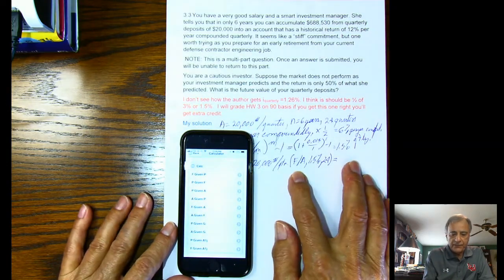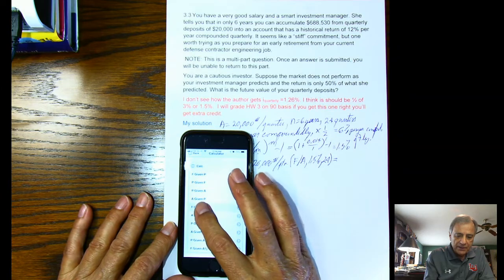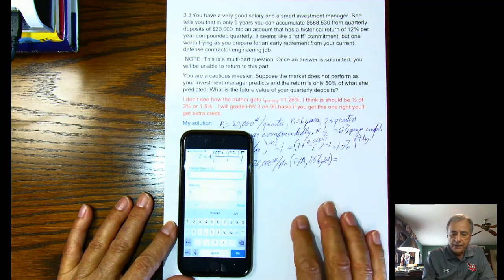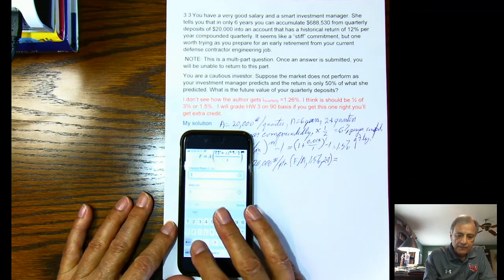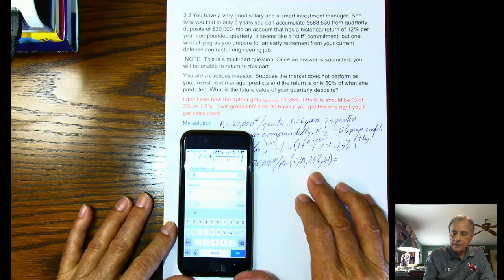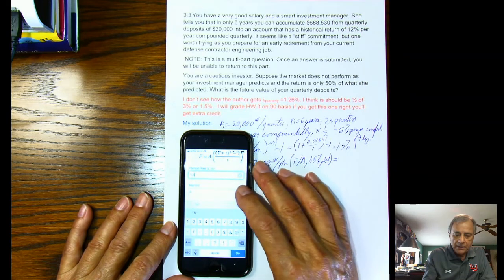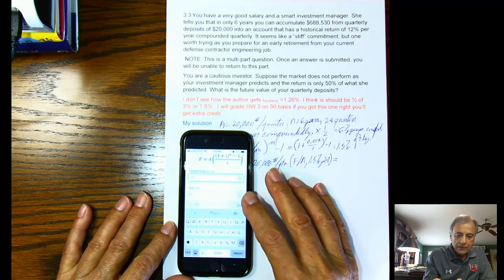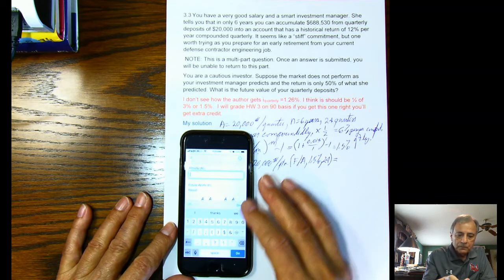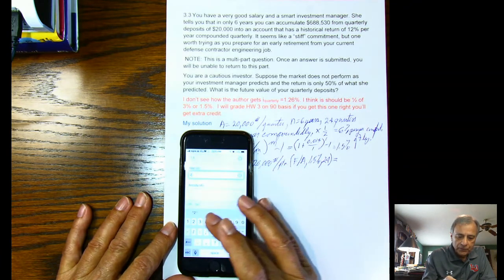I need F given A, which is right here in the middle, and then I'm going to put in as the rate 1.5, and as the number of periods 24.